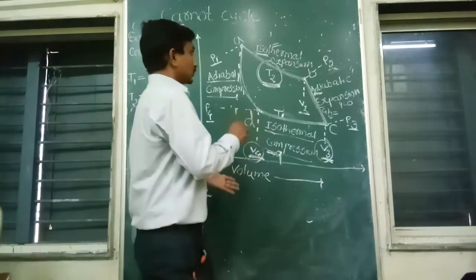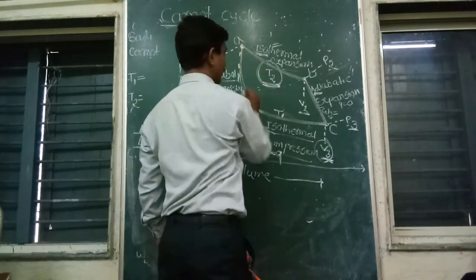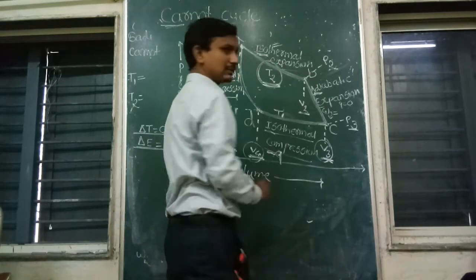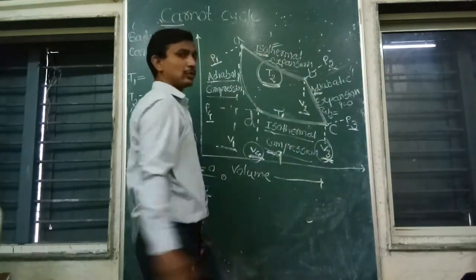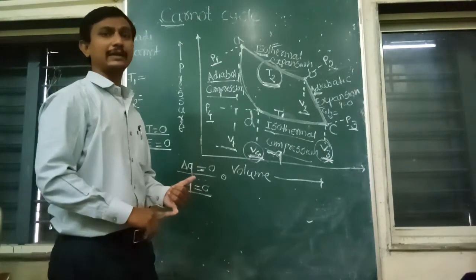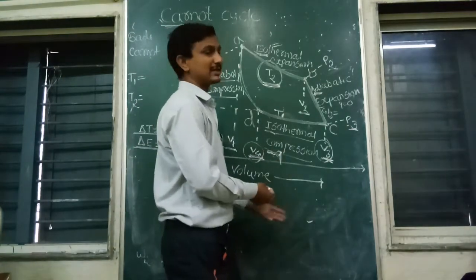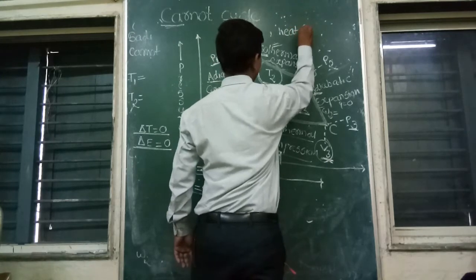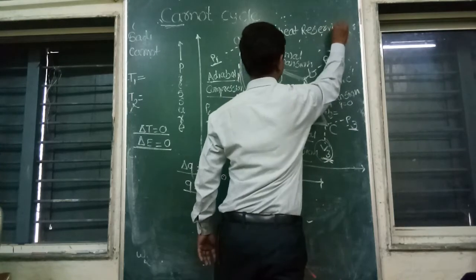Okay. So next we have to see there are four stages, four steps. First is the isothermal expansion. Initially in isothermal process, generally isothermal processes are carried out in heat reservoir or thermal reservoir.